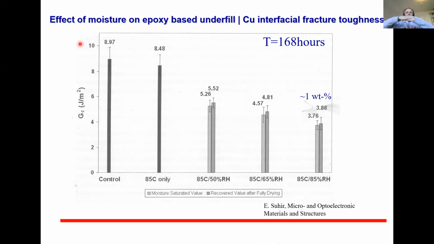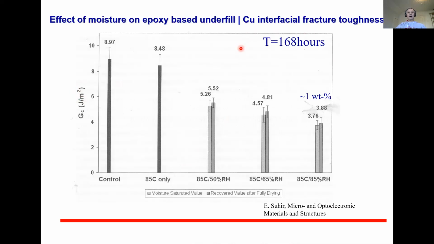Of course we want the adhesion as high as possible, and in manufacturing there are several tricks you use to get it. So this G here is the interface fracture toughness, basically how many joules you need to fracture a certain area to detach it.